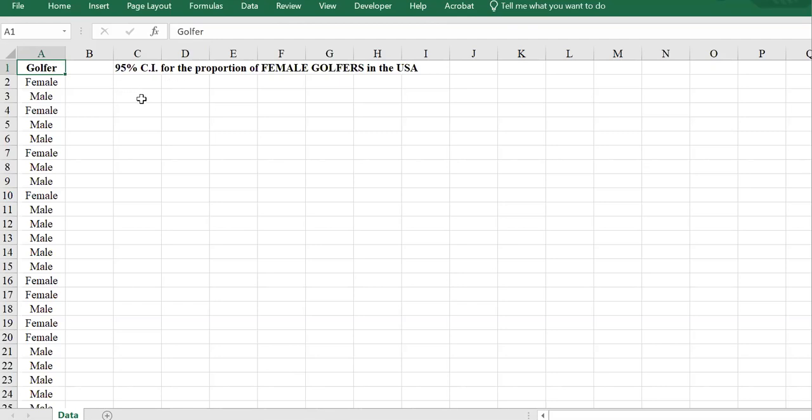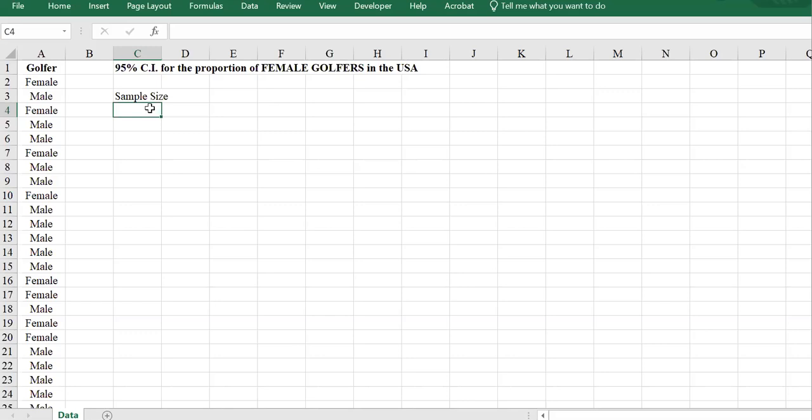So I'm just going to go ahead and find all those ingredients that we had. So the main item would be P bar, which is the sample proportion of female golfers. For P bar, we need to find the sample size first, and we also need to find the count of females, and then when we divide the count of females by the sample size, it's going to give us the proportion of female golfers.